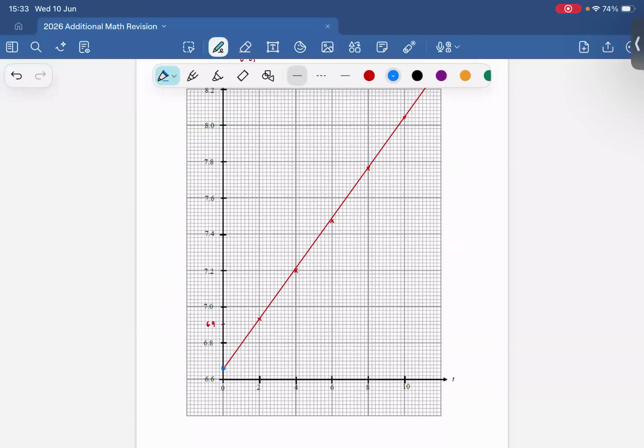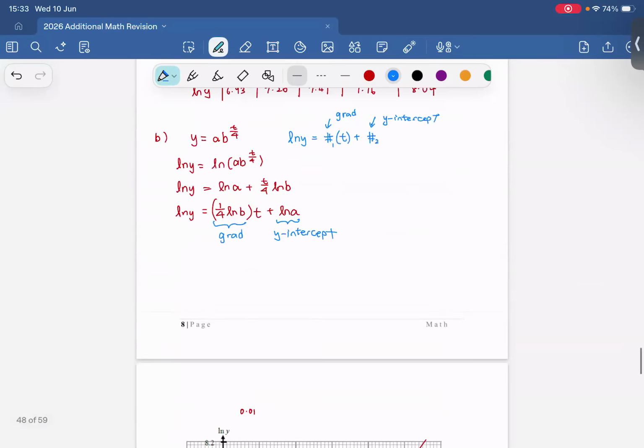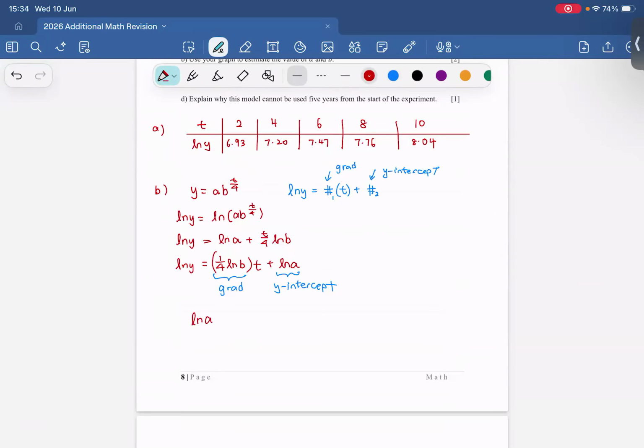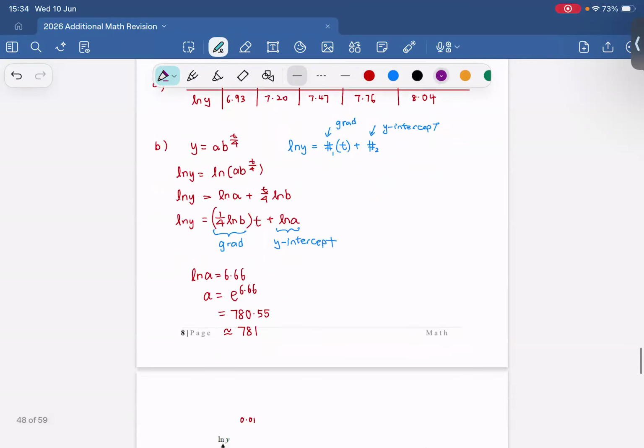Yeah, so start with your y-intercept. Your y-intercept here is 6.66. So if the y-intercept is 6.66, I will know that ln A equals to 6.66. Then to find A is just e power 6.66. So 780.55, approximately 781.